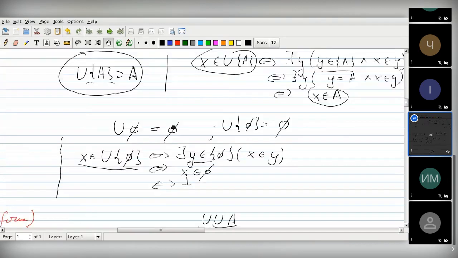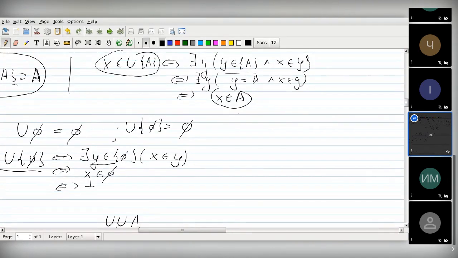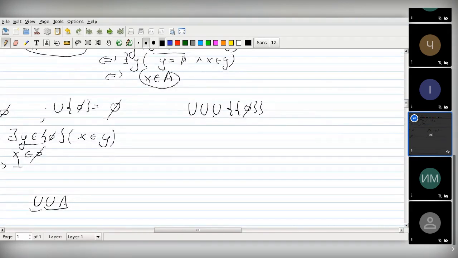Okay. And now, let's see, for example, this set. The union of the union of the union of this set. What is it? The first application of the union cancels one pair of curly brackets.